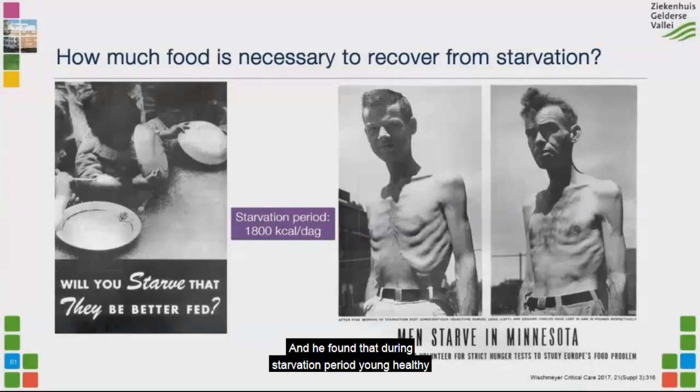He found that during the starvation period, young healthy men in this football stadium in Minnesota were starved over a few months until they reached a body mass index of 13 or 14. And the starvation diet was 1,800 kcals per day. That's what we give our ICU patients. So the patients are on a starvation diet.